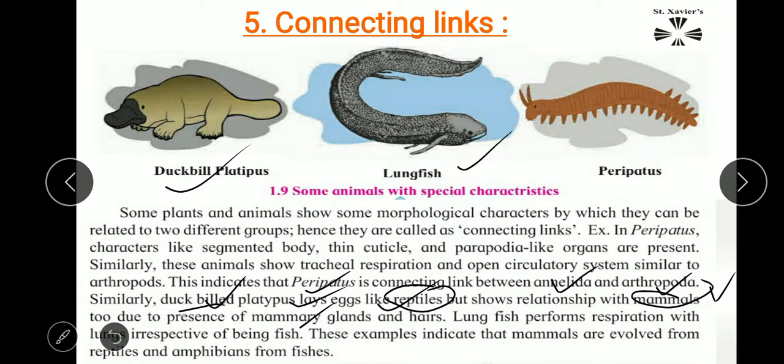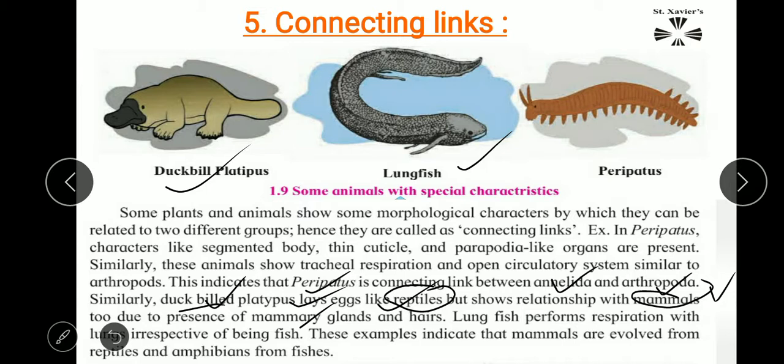One more example, lungfish. When we are talking about fish, we have already studied that fish have gills for respiration. But this lungfish has lungs. So lungfish performs respiration with lungs, irrespective of being a fish. Though lungfish is a fish, it still performs respiration with the help of lungs.